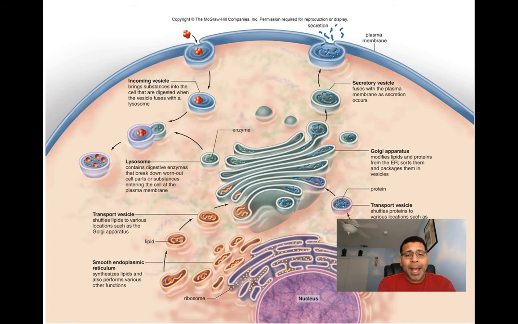The Golgi apparatus receives proteins and also lipid-filled vesicles, and you can see that here on both sides, that come from the rough and smooth endoplasmic reticulum.